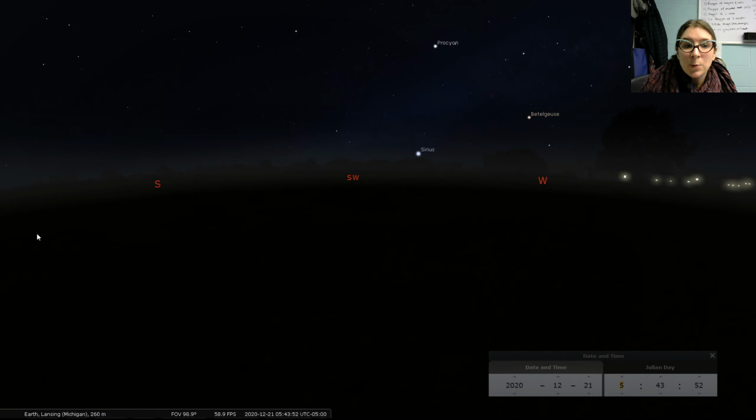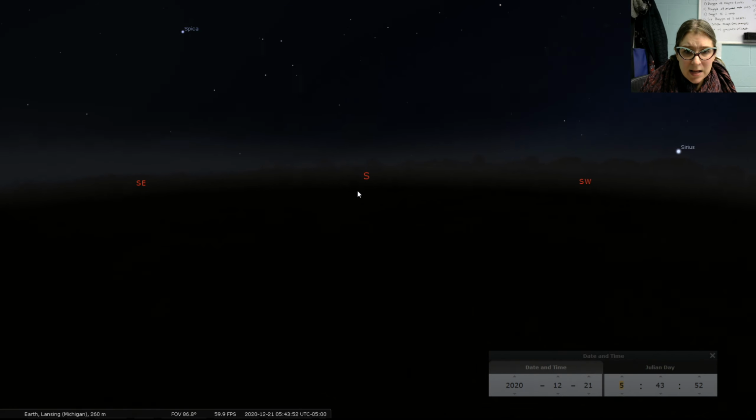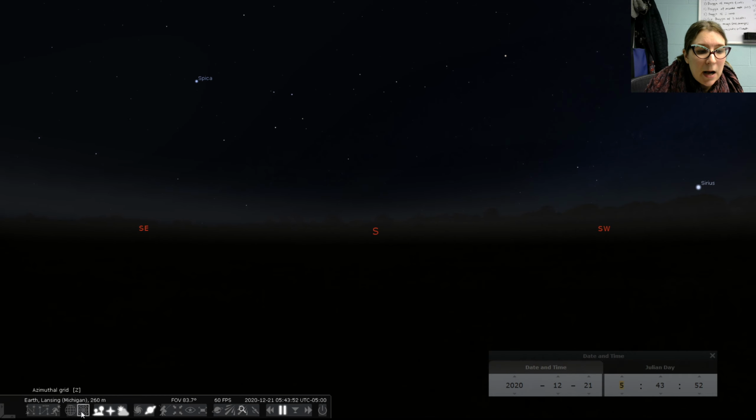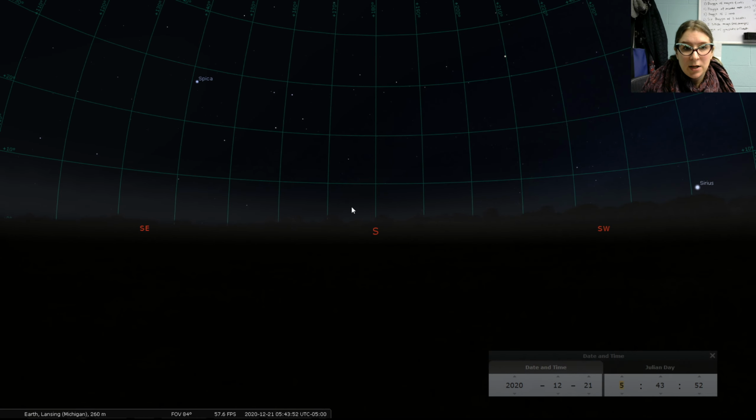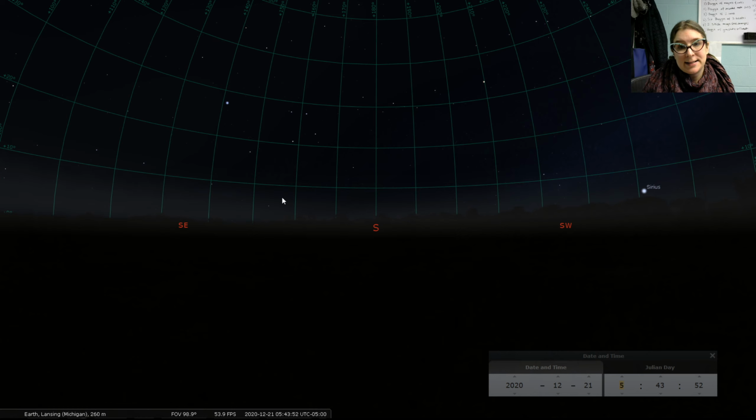Another thing we're going to turn on, as we look towards the south, is our altitude azimuth grid. This is a coordinate system that we use within astronomy in order to keep track of where things are relative to our horizon. So for an observer on Earth, where is something in the sky?